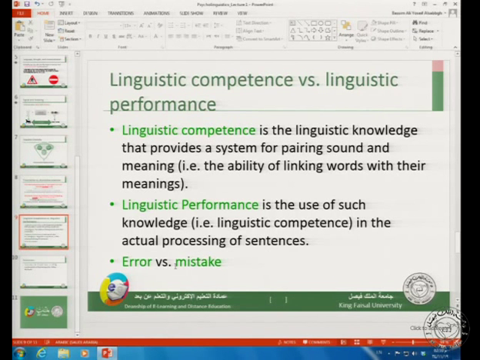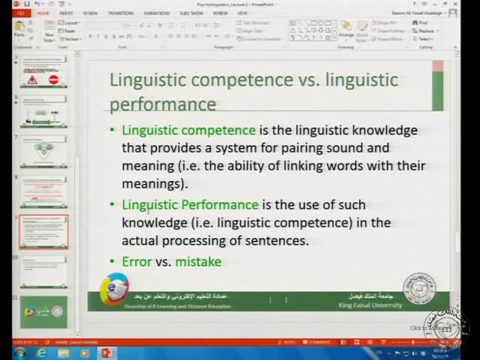Native speakers, mostly, make linguistic mistakes, but not linguistic errors, because they are fully competent in the language. On the other hand, non-native speakers, students and non-native speakers like me and you, make errors while they speak and while they write, because they have some lack of knowledge.